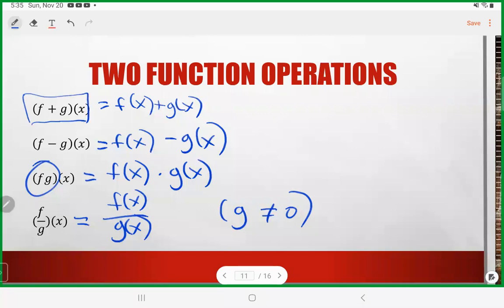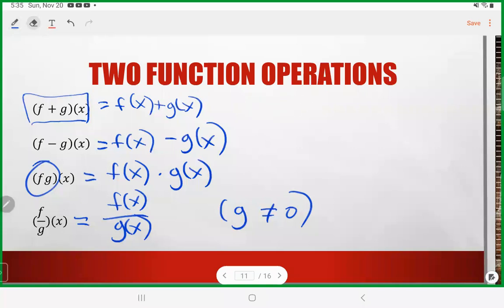In terms of the domain of f and the domain of g, would it be the domain of f union the domain of g, or the domain of f intersection with the domain of g? Maybe it's intersection. Great, it's intersection.